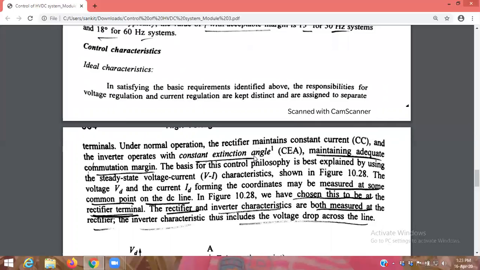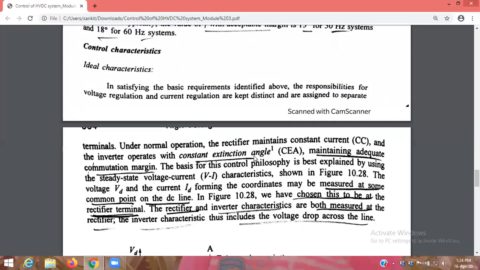Okay, now what we will do here is find the equations or characteristics of both rectifier and inverter on one side.